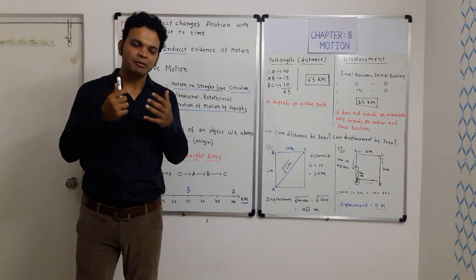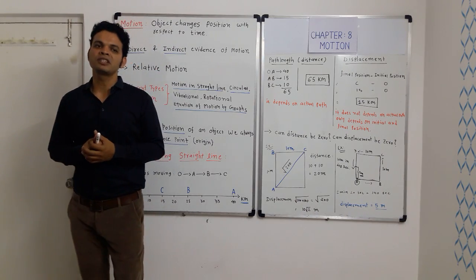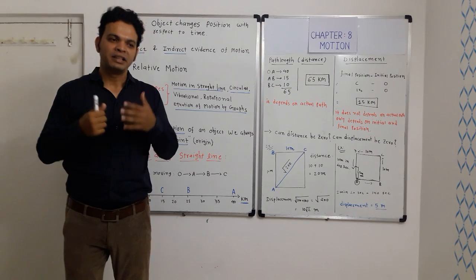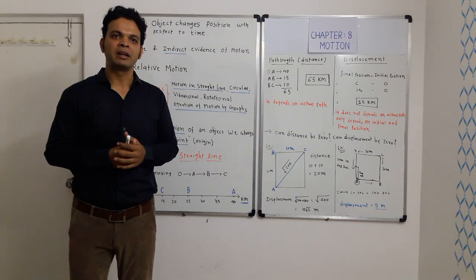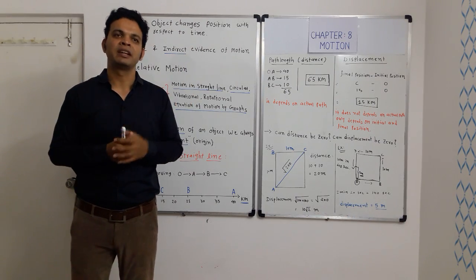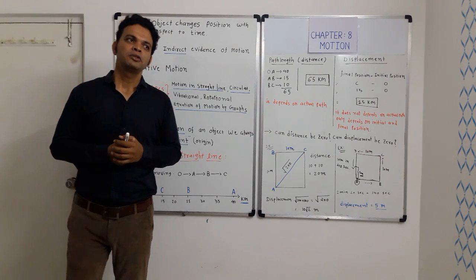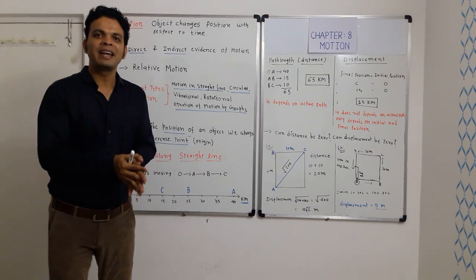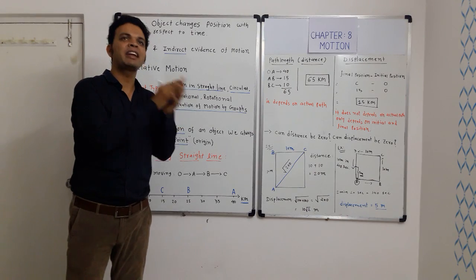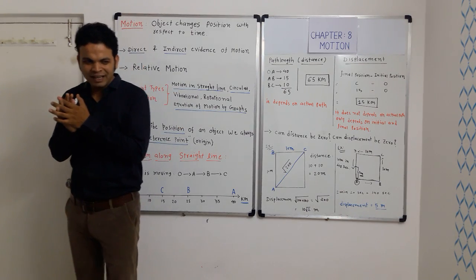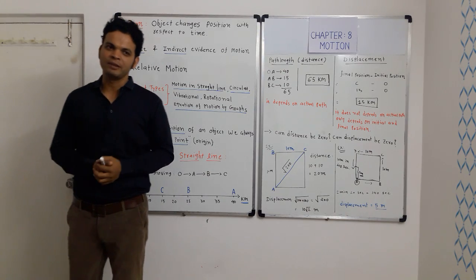We can come to know about such things by some indirect evidence. For example, the leaves are moving or dust particles are moving, the branches of the trees are moving here and there. So we cannot see wind directly, but by some indirect evidence we can come to know about the motion of the wind.